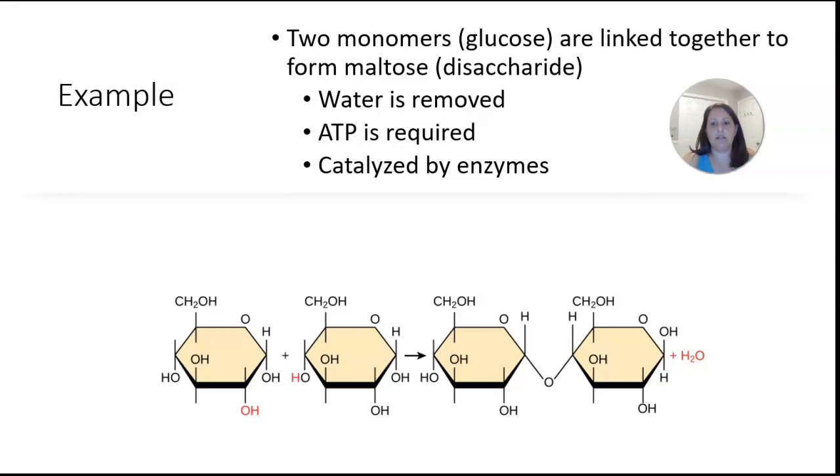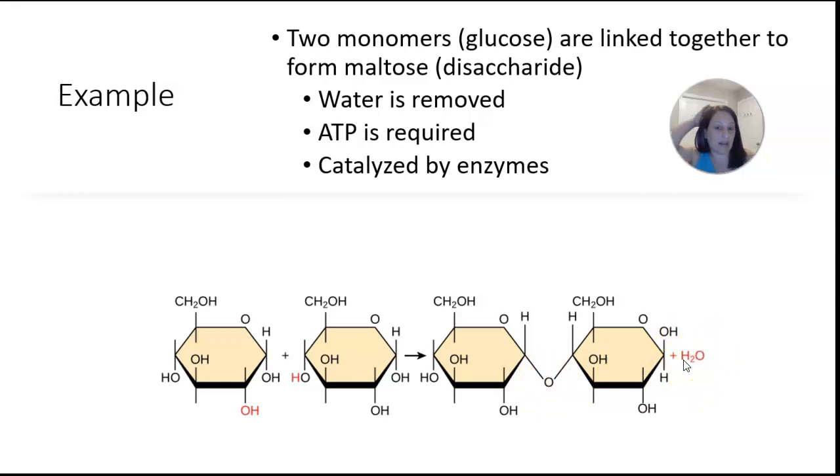Oh, actually, this figure is labeled wrong. It's supposed to be in red, but it's going to be this hydroxyl group and this hydrogen, not that one, this hydrogen being taken off, and these are going to be linked together. Okay, so you can see again here subunit 1, this was subunit 2, and they're going to be linked together through this oxygen. And water here shown in red has been removed.